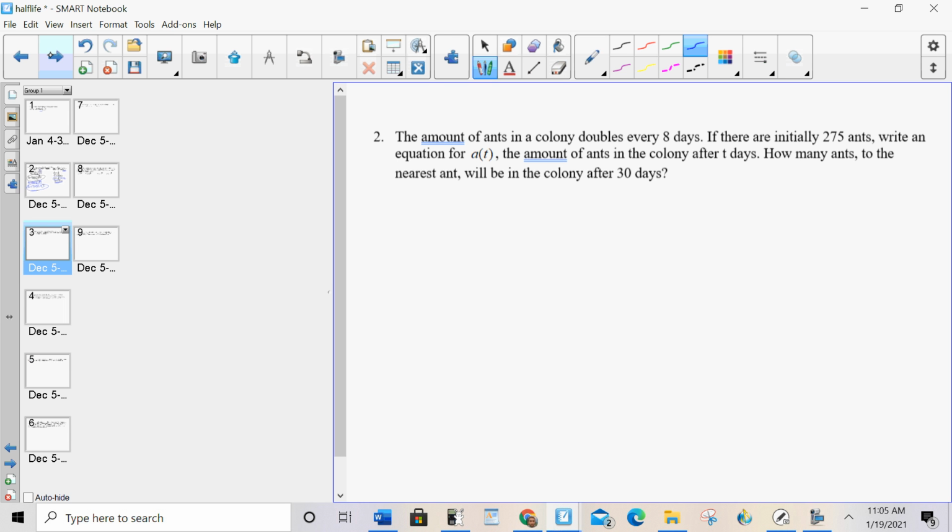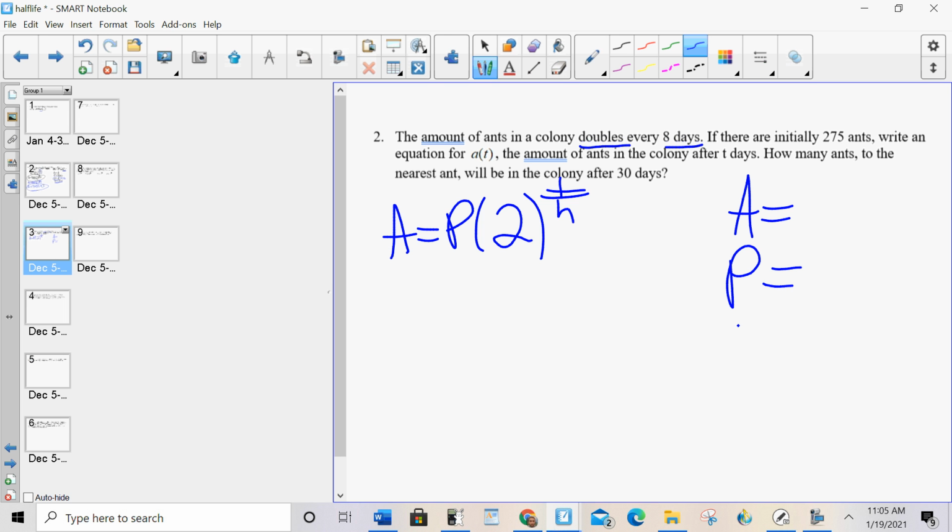The amount of ants in a colony doubles every 8 days. So because it's doubling, the difference between doubling and half-life is instead of a half inside the parentheses, it's going to be a 2. So let's list my variables, A, P, T, and H. There are initially 275 ants, so my P is going to be 275.